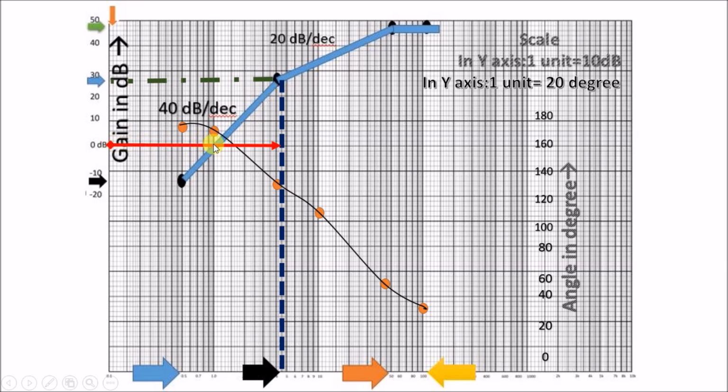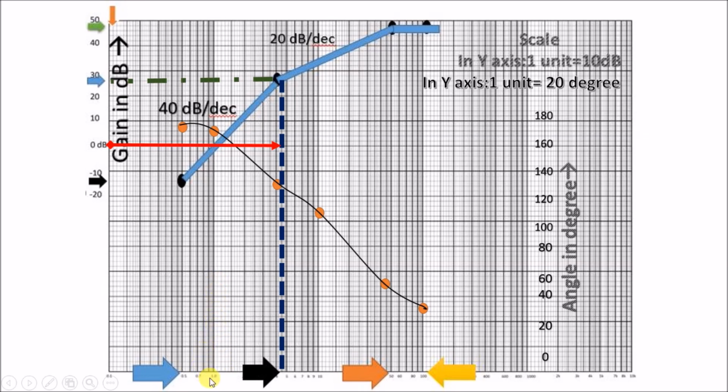So what is the frequency over here? You can see this line crosses here, and if you go straight down, you can see it is around 1 radian per second. So when k becomes 1, or 0 dB, the frequency is 1 radian per second.